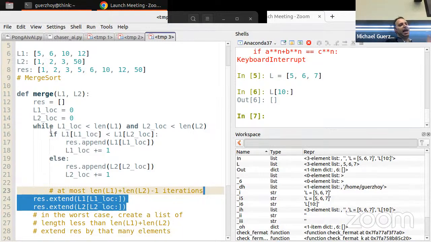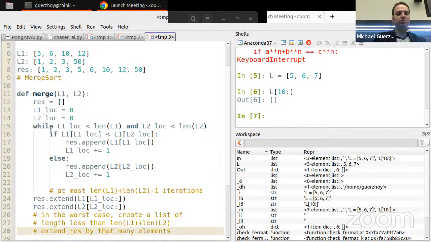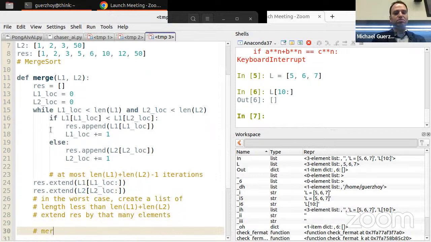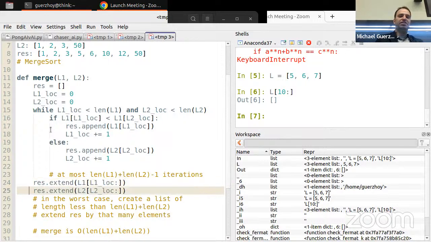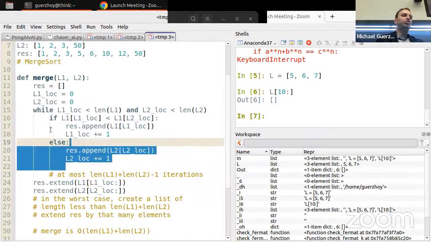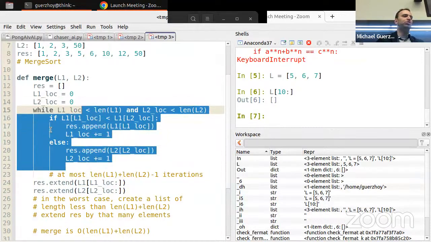So that means that as a whole, this function is of length of L1 plus length of L2. The analysis here was that this is proportional to length of L1 plus length of L2 at most, because it involves creating a list that's shorter than that. And this is also at most proportional to length of L1 plus length of L2.